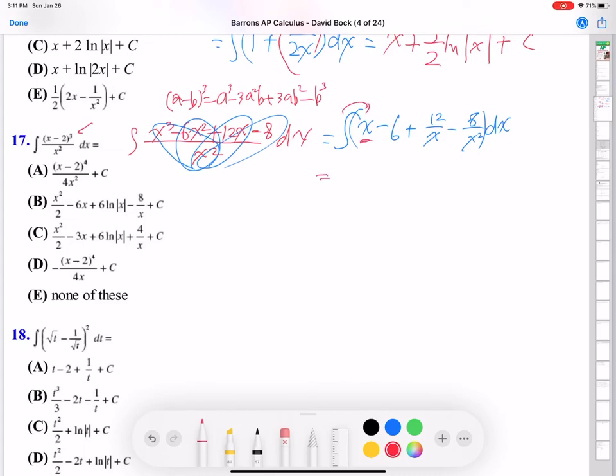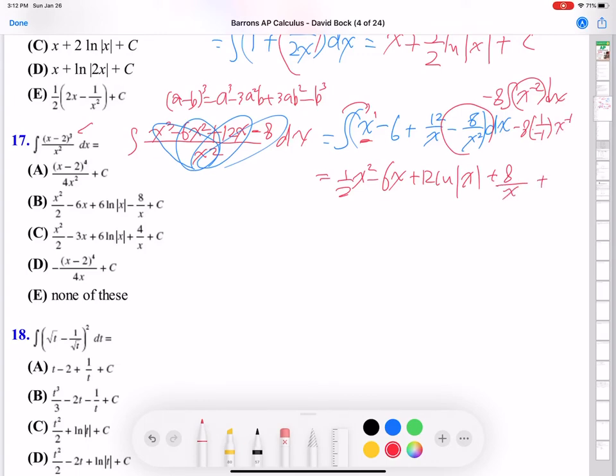First x, first power, so 1/2 x squared, minus 6x, plus 12 as a coefficient times the integral of 1 over x, ln absolute value of x. And then this part, negative 8 times the integral of x to the negative second power dx. By the power rule, negative 8 times 1 over negative 2 plus 1, which is negative 1, means positive 8, and then x to the negative first power, so 8 over x, plus c.